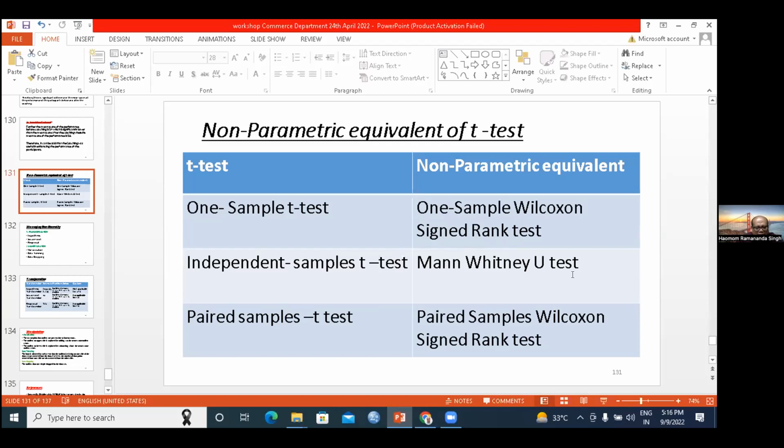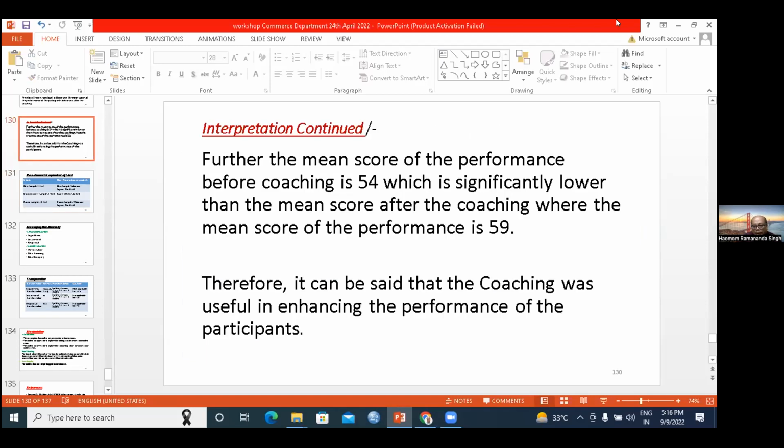The same thing, if you know the condition, chi-square can be applied when the data are nominally scaled. I will show you something.